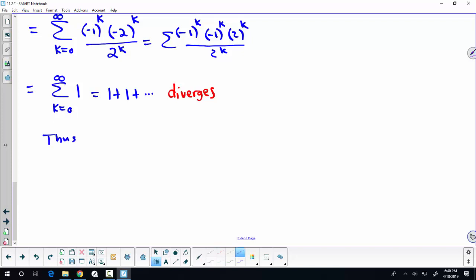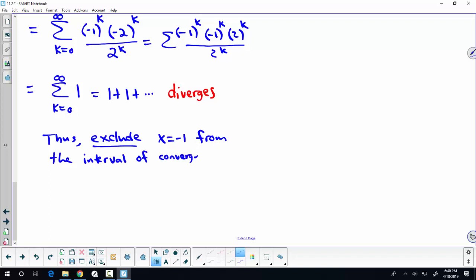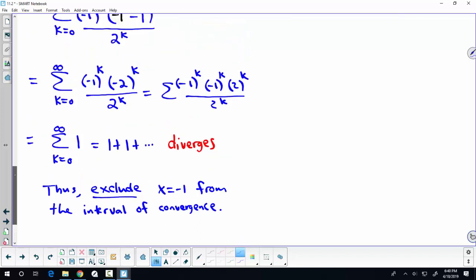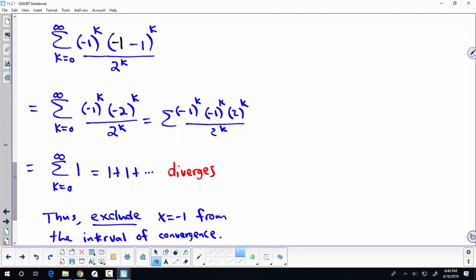So we'll just say exclude x equal to -1 from the interval of convergence. Does anyone have any questions? Do the same thing when x is equal to 3.